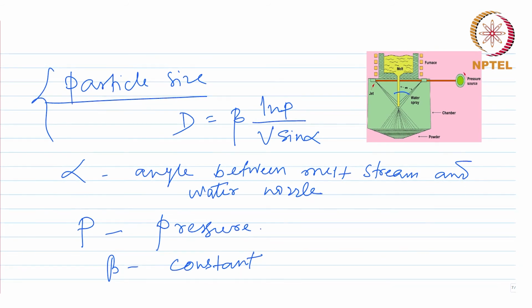Now, if you talk about the particle shape, which is the other important particle characteristic, the particle shape in this process is generally irregular.